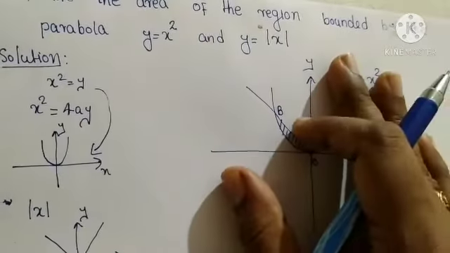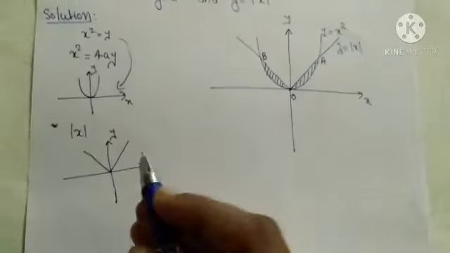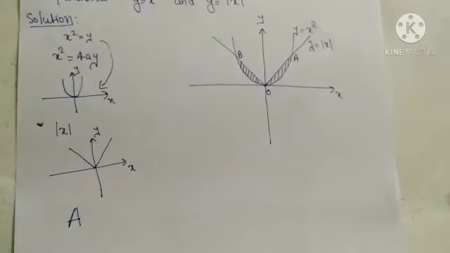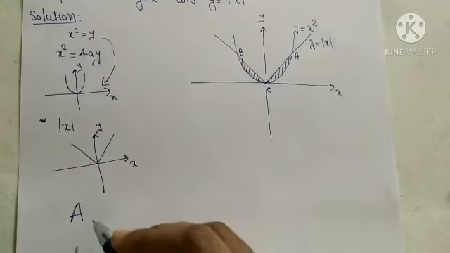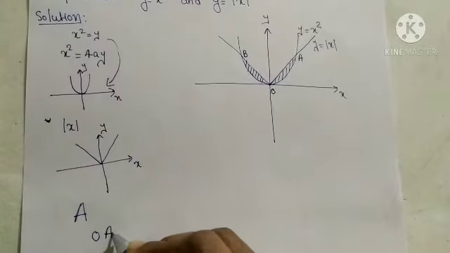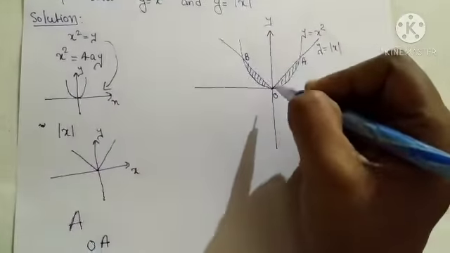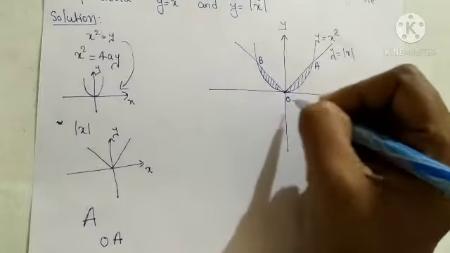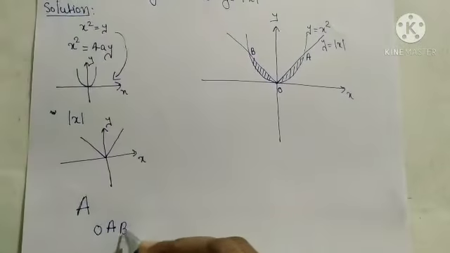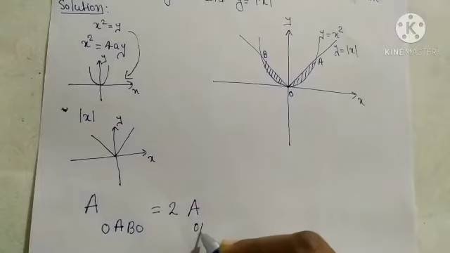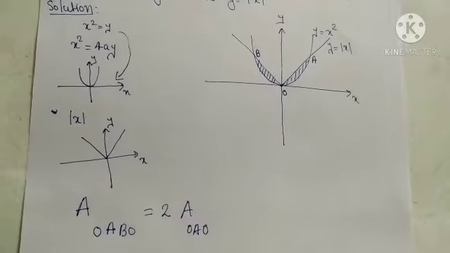Okay, I hope you understood the concept. So the area of OABO is equal to 2 into the area of OAO.